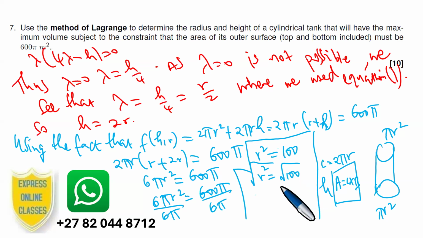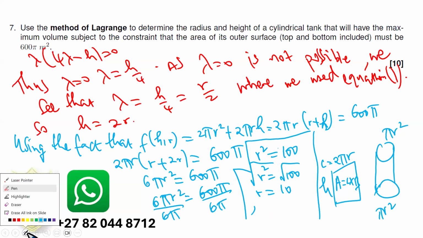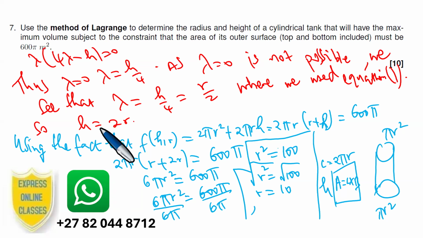So R, the square root of 100, is 10. This has given us R equals 10, yet H is 2R, which means H is 2 times 10, which is 20.